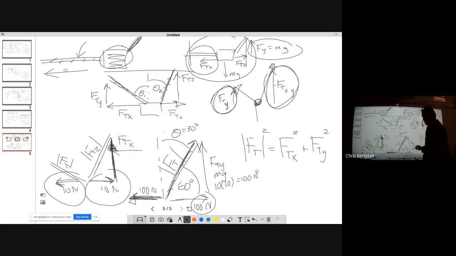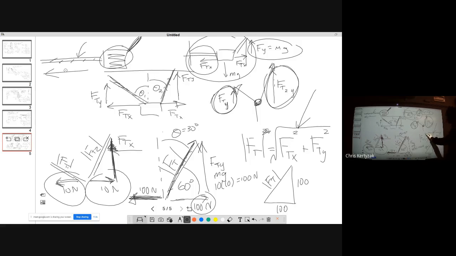That means I now know that from a triangle standpoint, this is 100, this is 100. How would I get this? Pythagorean theorem, right? Put in 100 and 100 for the two sides and take the square root. All right, I'm not talking about the sine anymore. Done with the sine.